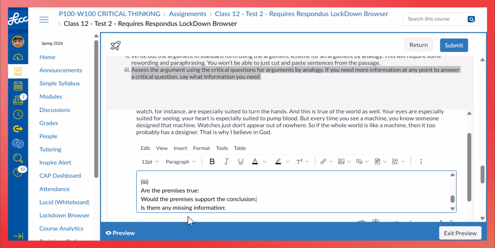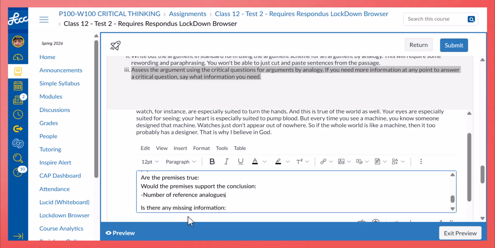And then we've got for these some specific ones that relate to argument by analogy. So the number of reference analogs, the number of similarities.